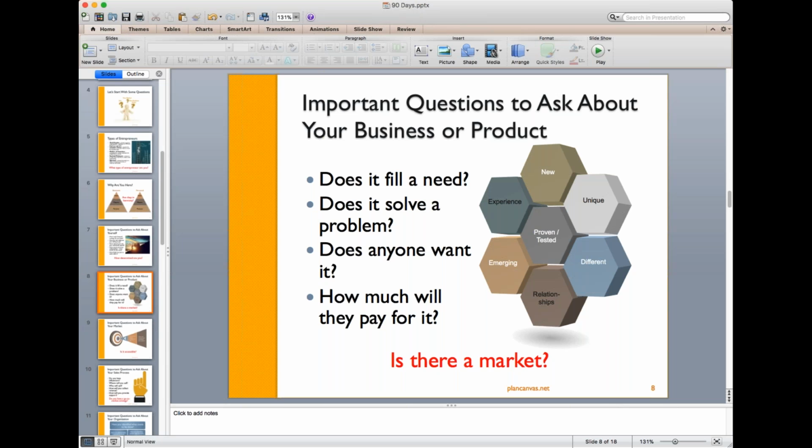All right, so I'll use myself as an example with Plan Canvas. Plan Canvas was a product idea that was spawned out of experience. I had used the process without having software to use it and had successfully used it, beginning with growing that business unit to 80 million plus.